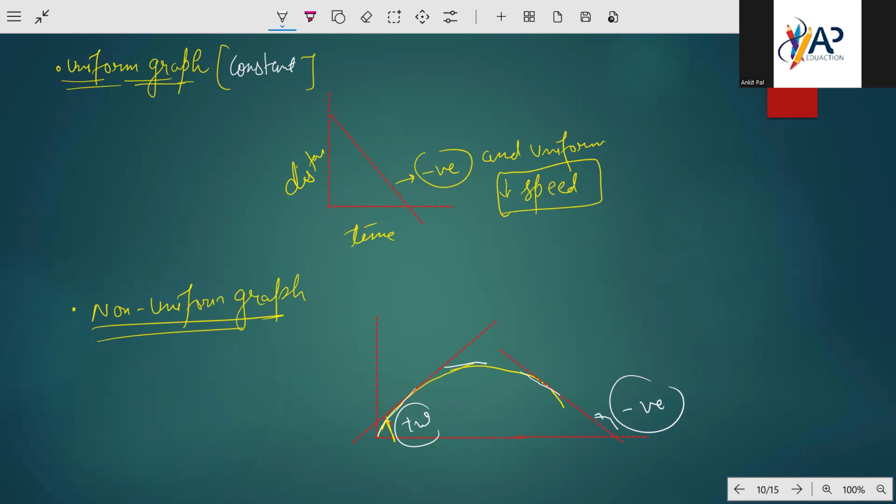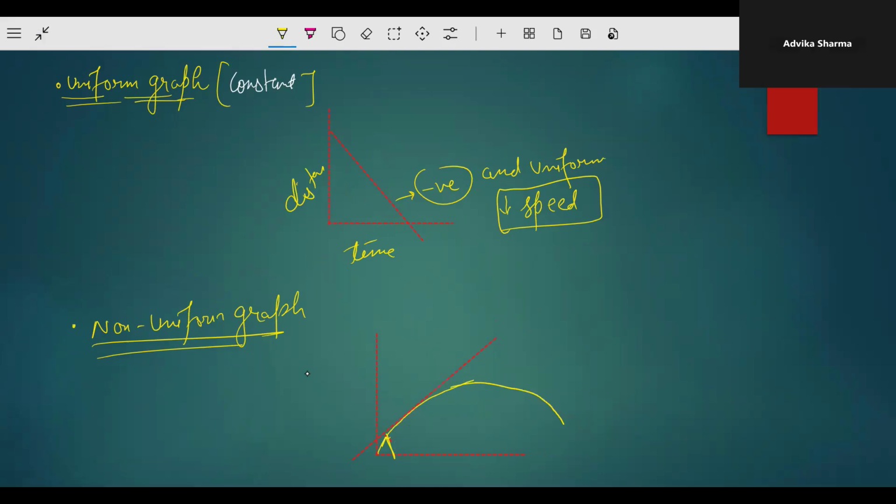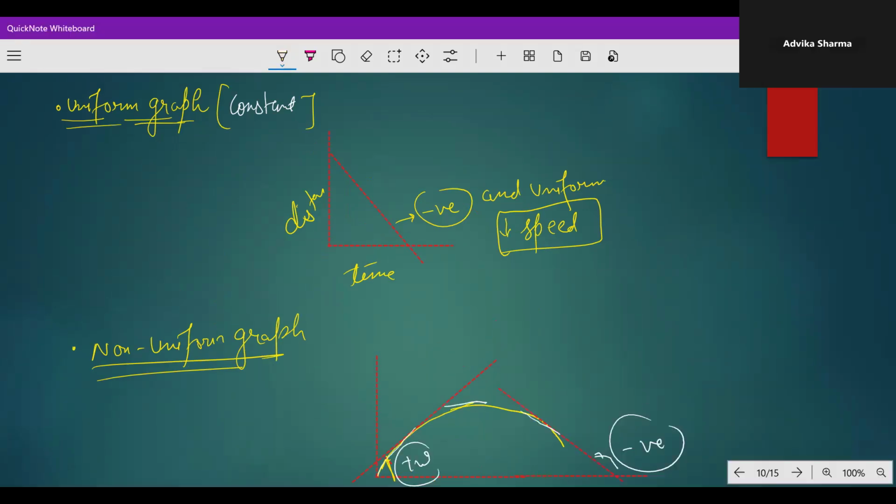First, is there any doubt? Not on my part. I will share the PDF after this class. If you understand the graph, then your problem is very easy. It means you can solve all types of questions if we can understand the graph.